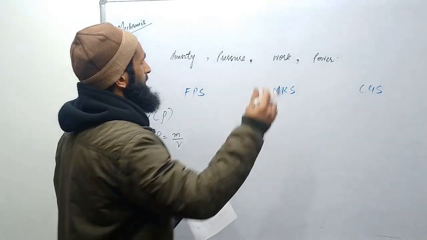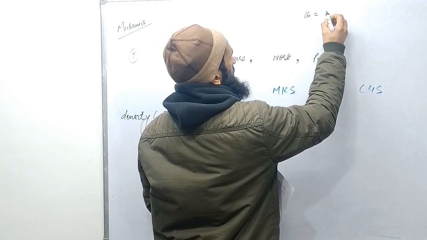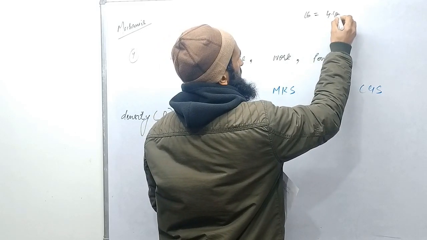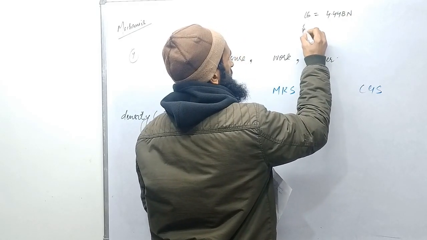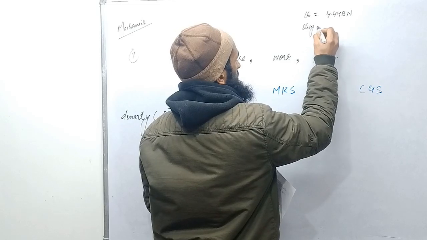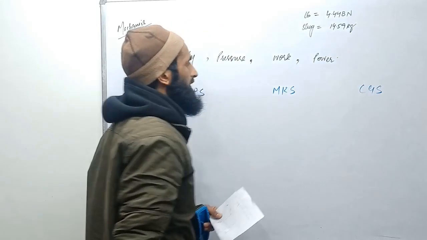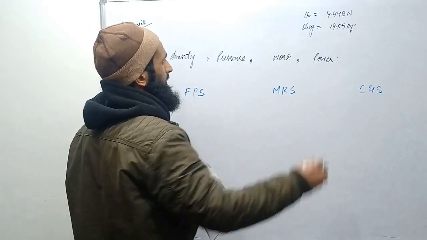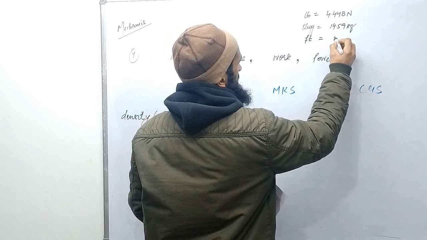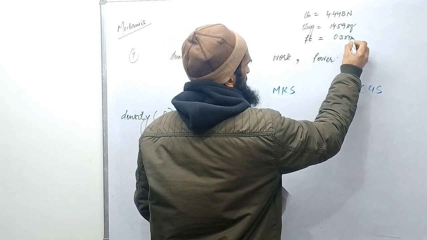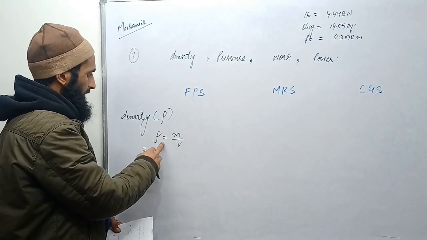One is lb is equal to 4.448 Newton, slug is equal to 14.59 kilogram, and one more thing, foot is equal to 0.3048 meter.